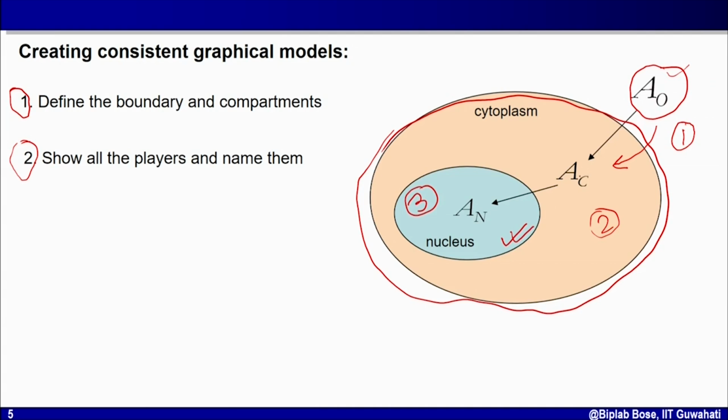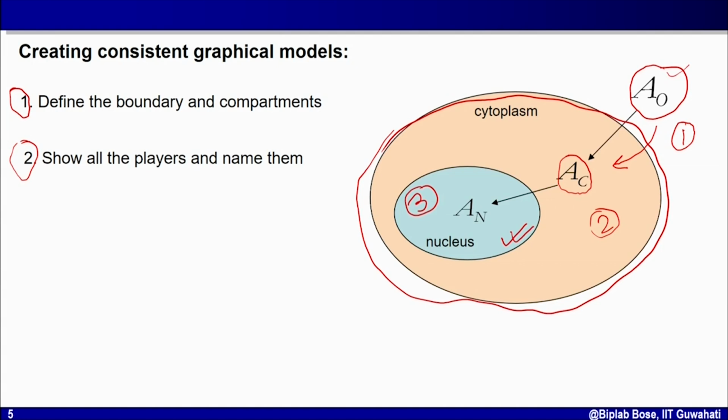It enters, and I have marked that same molecule when it is in the cytoplasm as AC, to remind you that this is the A molecule, but it is present in the cytoplasm. The same molecule, when it enters into the nucleus, I am marking that as AN, representing that it is the A molecule in the nucleus.